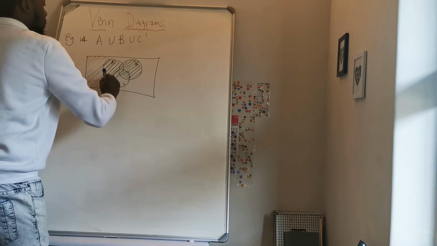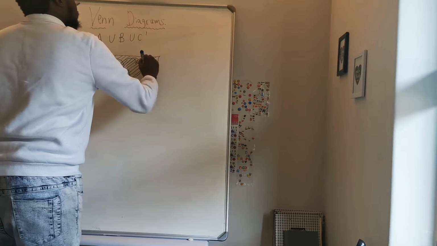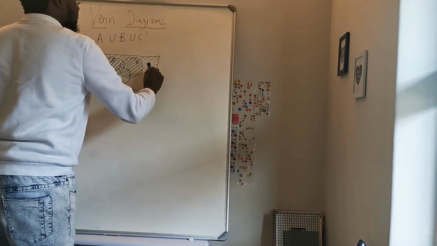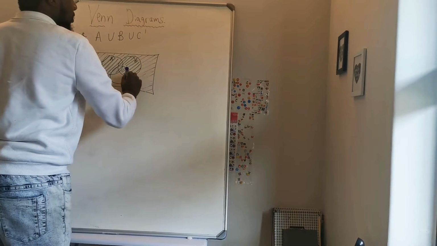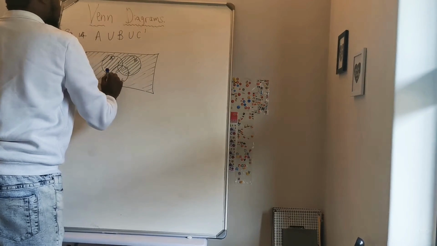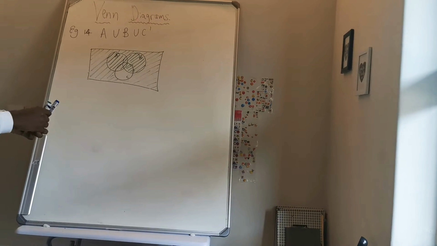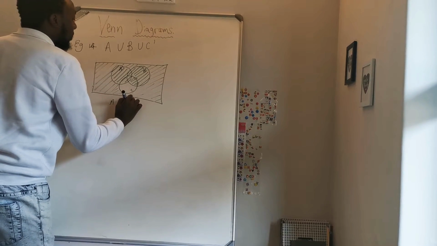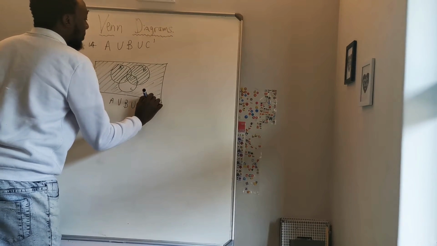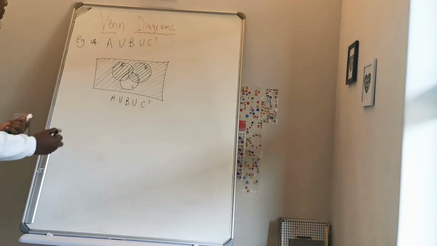I'm not gonna shade the A and B again because I already know it's shaded, right? So that's how it's gonna look. I have A union with B union with the complement of C, right? So that's number 14.